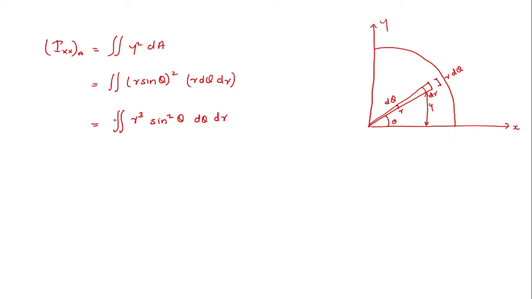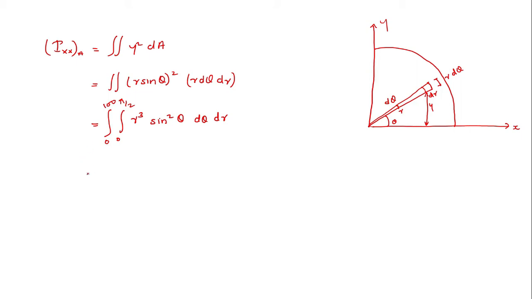Now here I'll put the limits. First my integration is with respect to theta, so theta will vary from 0 to pi by 2. The next is integration with respect to r, so r will vary from 0 to the radius that is given to you, 100.